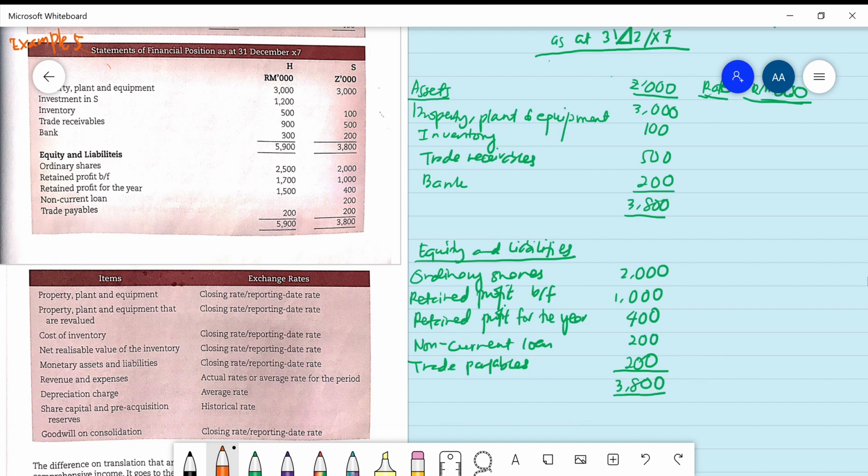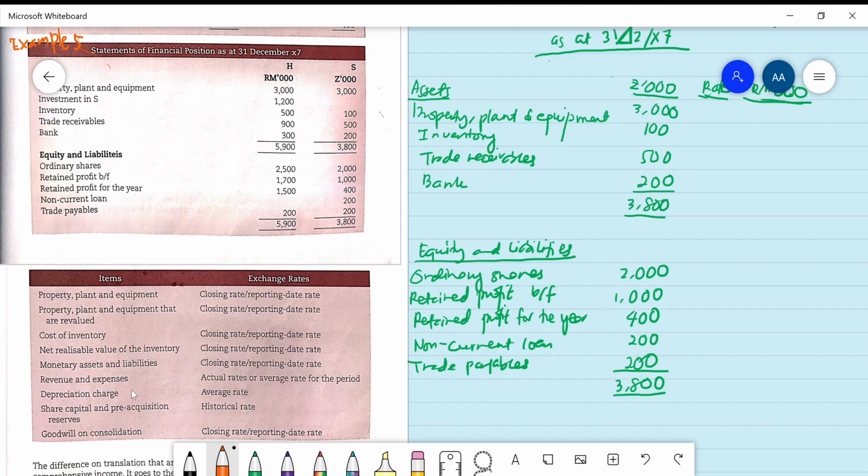Okay, so these are the rates that you are going to use for the net investment method. Property, plant and equipment is translated using the closing rate or reporting date rate. Same goes for revaluation, cost of inventory, net realizable value of inventory, and monetary assets and liabilities.